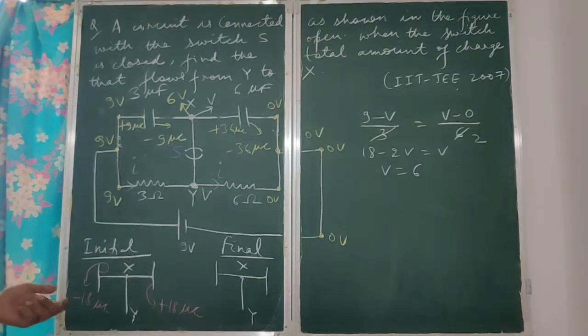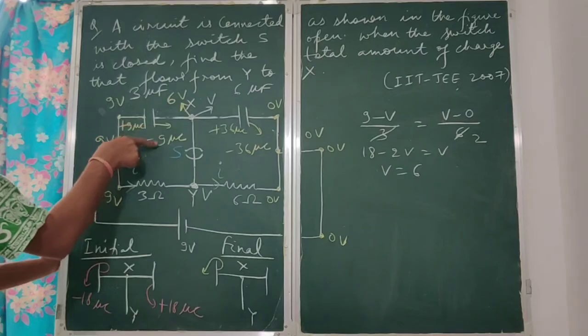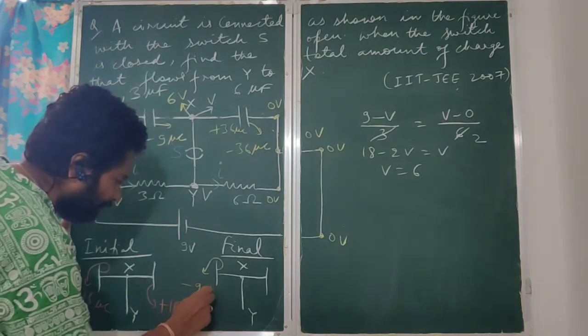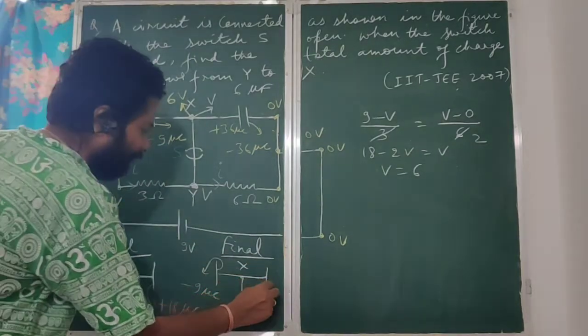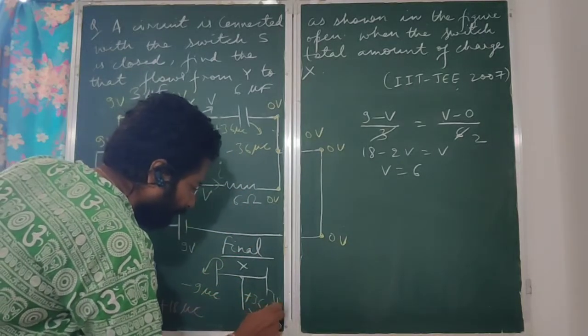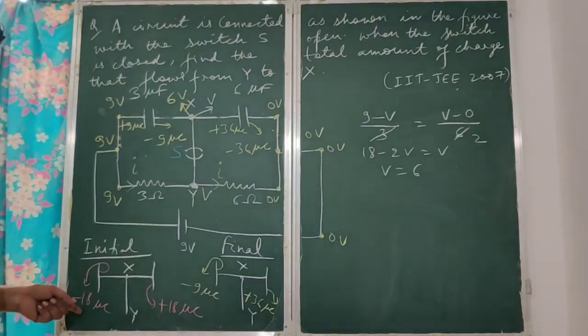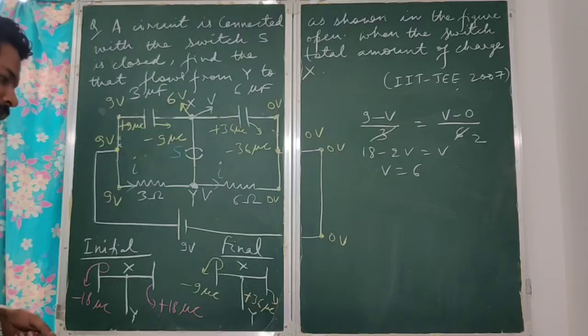So now this plate, how much charge is it having? It is having minus 9 microcoulomb charge. How much charge is this plate having? This is having plus 36 microcoulomb of charge. So how much total charge has flown?